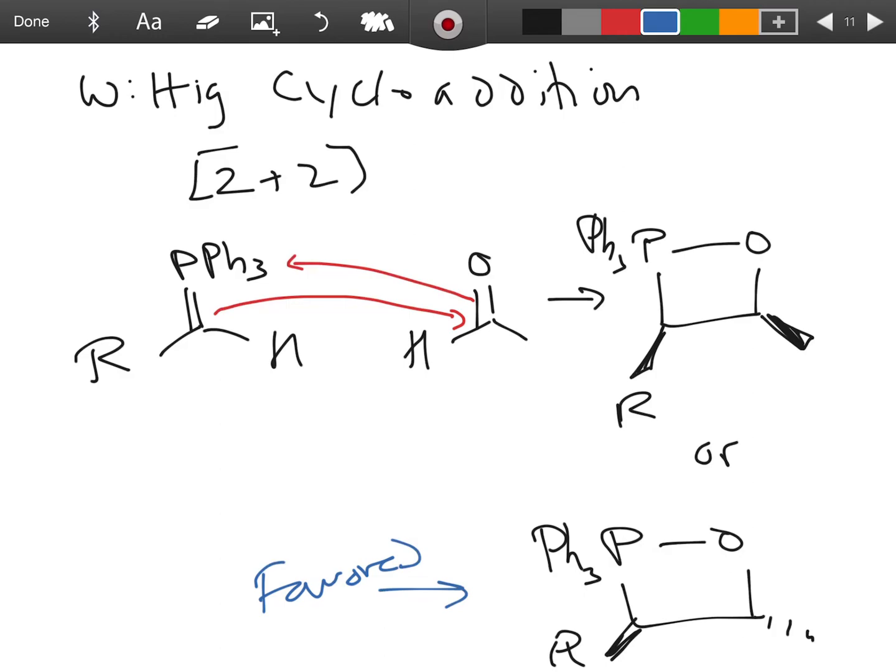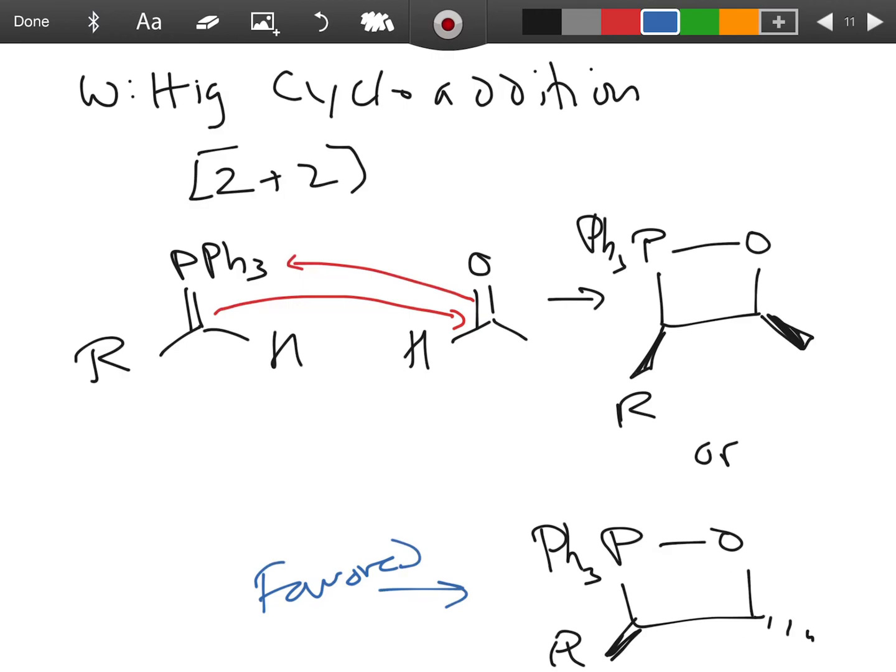So that transition state explains why when you put bigger groups on the aldehyde, you get more Z, because it's harder for that aldehyde to flip over. And when you make the groups on the phosphorus smaller, it makes it easier for that second transition state, where the R group is closer to the phosphorus, to happen.